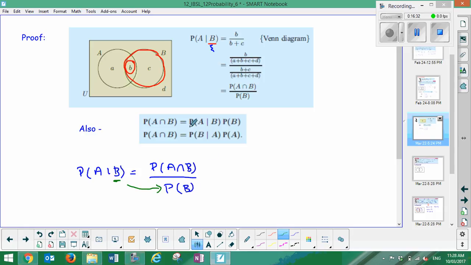To get this formula, they've just multiplied both sides by the probability of B to get that relationship. So it's just rearranging, it's nothing new. The probability of A given B times the probability of B equals A and B.